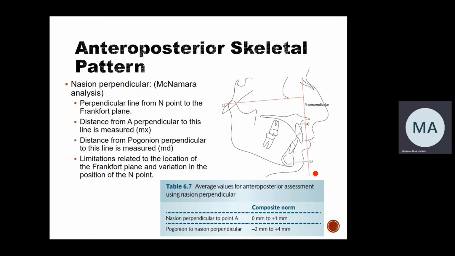To be average, to be called a class 1, A point should be on or slightly ahead of this line, so 0 to plus 1, and the pogonion should be -2 to plus 4, so around this line. If A point is scoring more than this, that means we have prognathic maxilla, and vice versa. And if pogonion is scoring more than this, that means we have prognathic mandible, and vice versa. Okay.